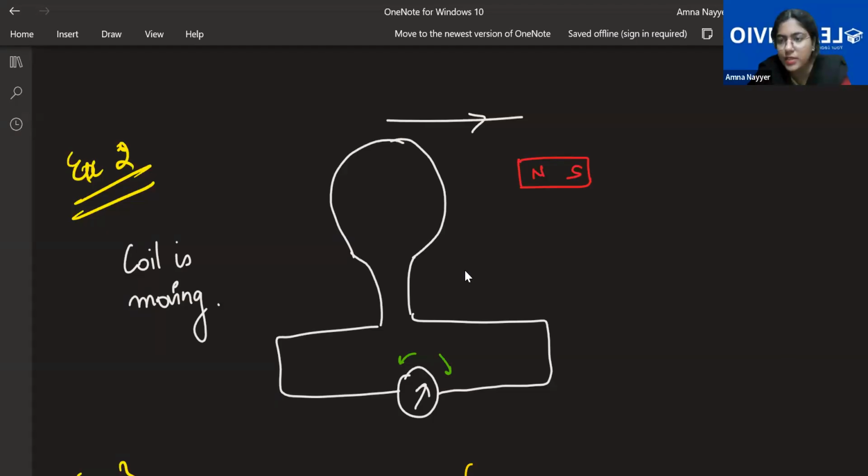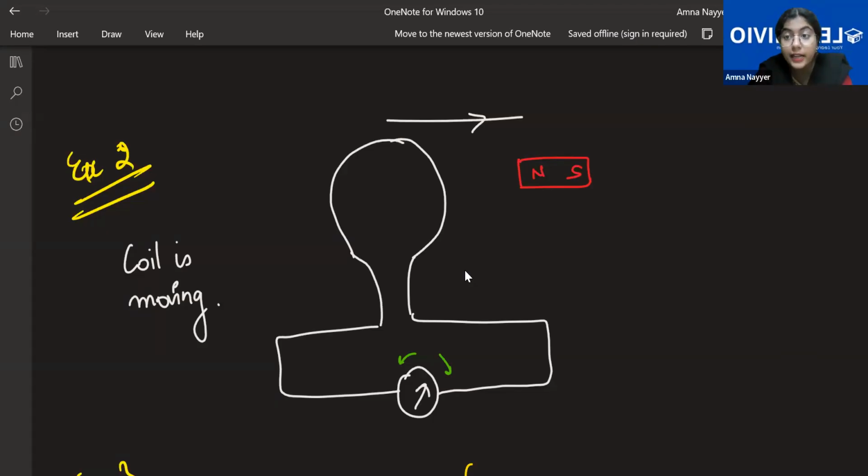One current is when you set up a battery, when you set up a circuit, the charges are released from the battery and the current flows. That is the actual current that we've already studied in chapter 3, current electricity. Now, which current is this? This current wasn't there. Because of the magnetic field, a current has been induced in our circuit.